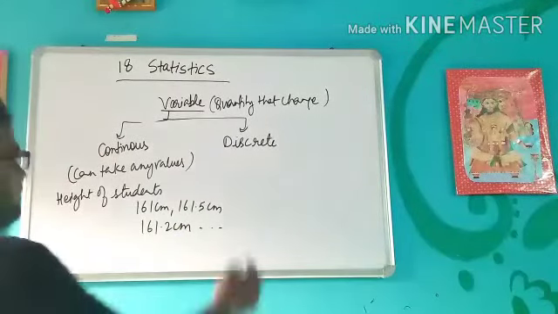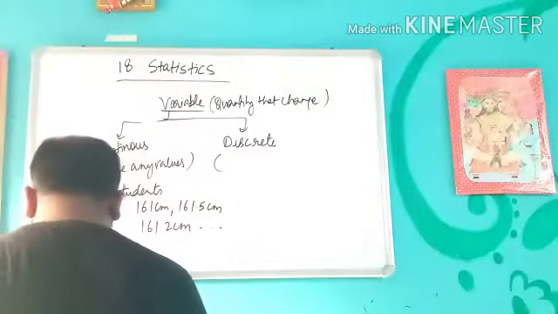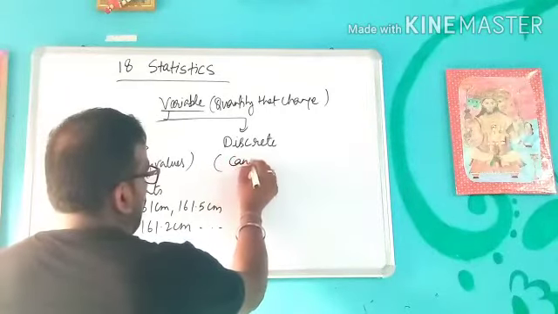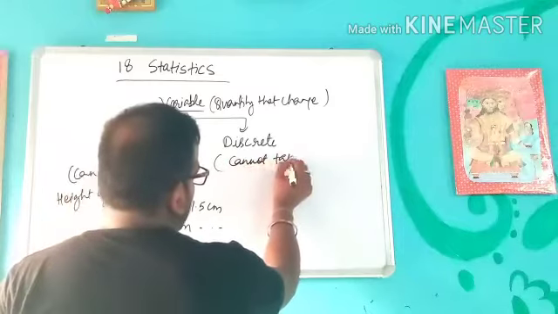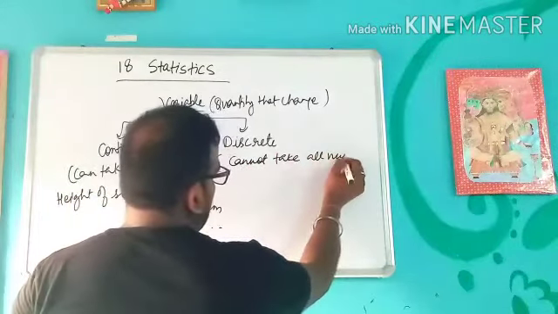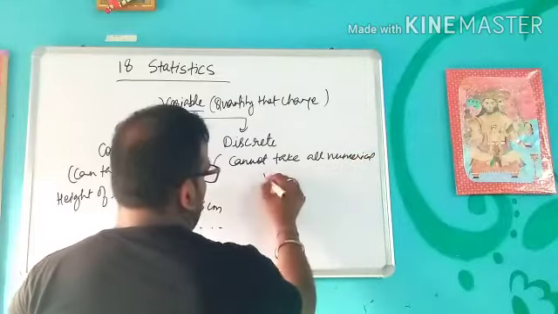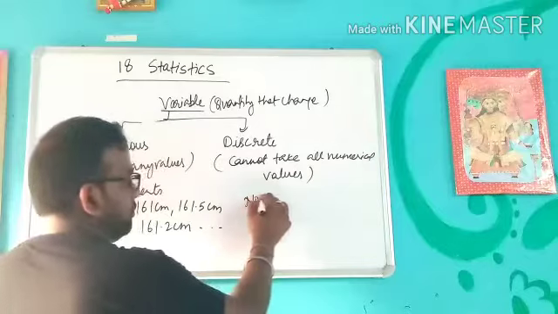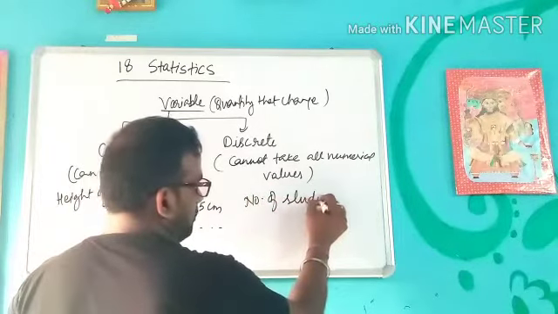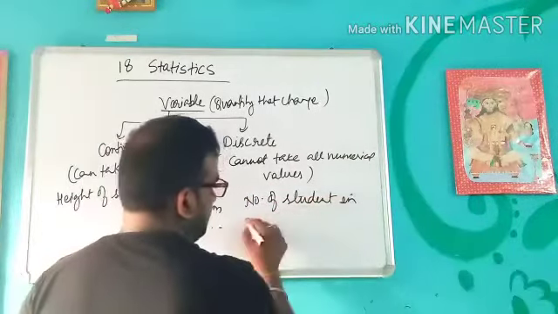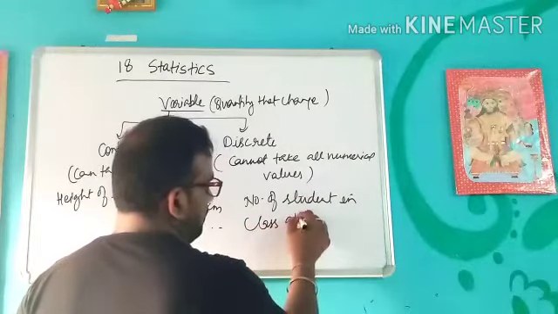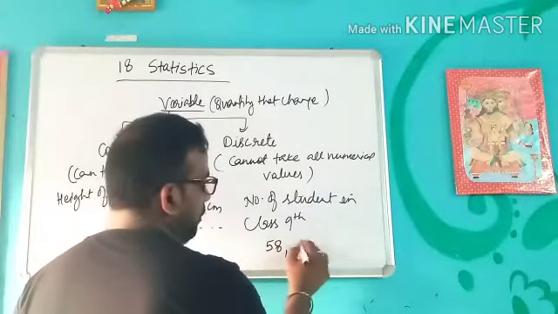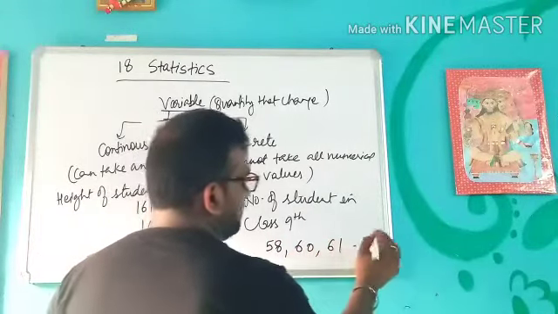Whereas in the case of discrete variables, it cannot take all numerical values. For example, if I say the number of students in class 9, it can take discrete values, that is 58 or 60 or 61, like this.